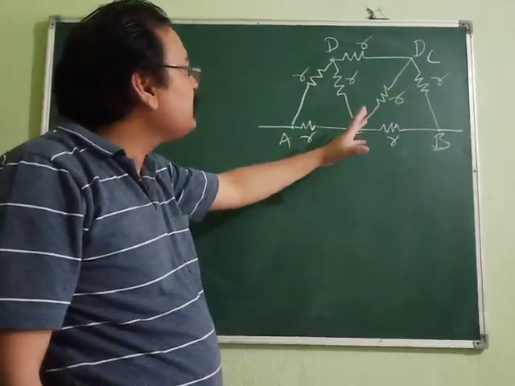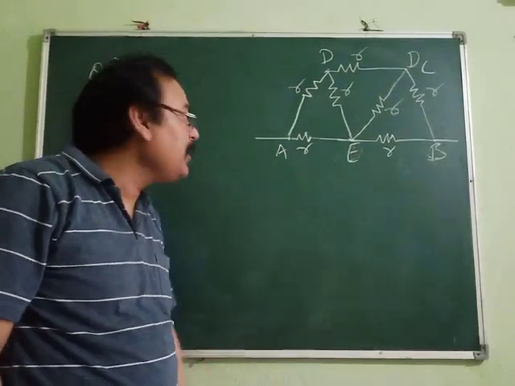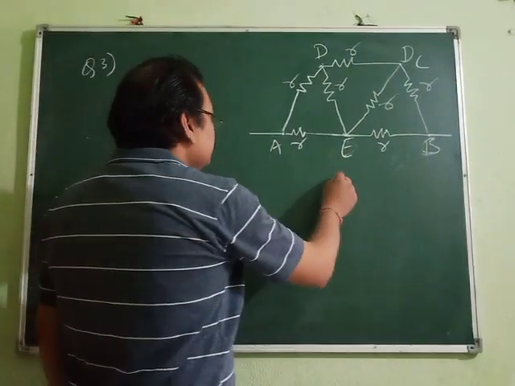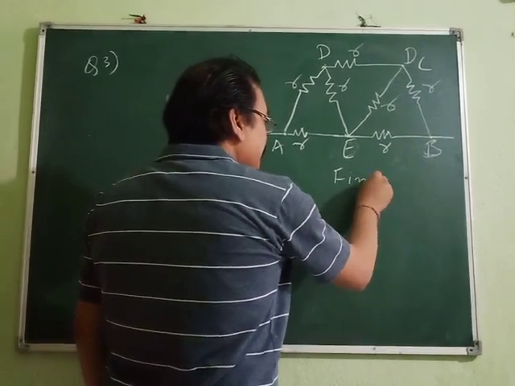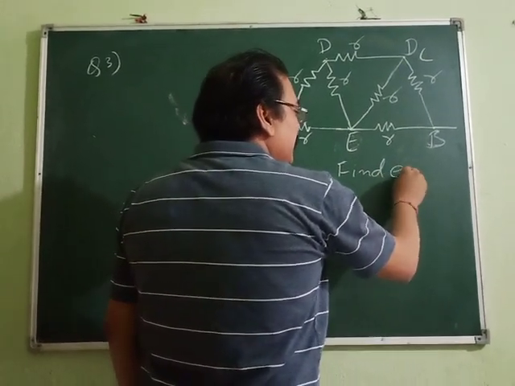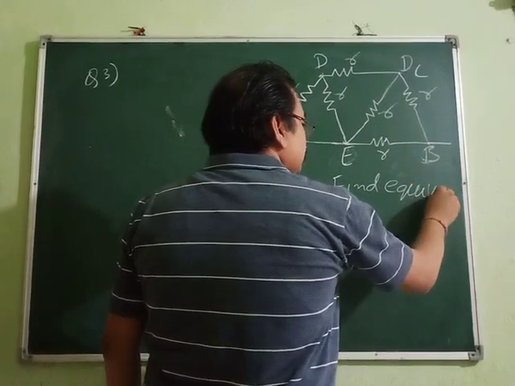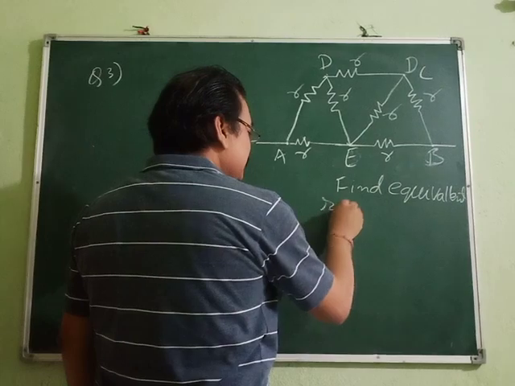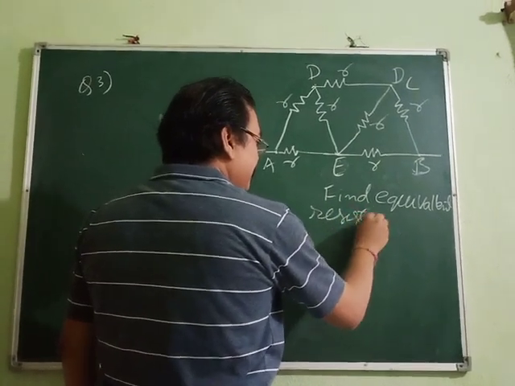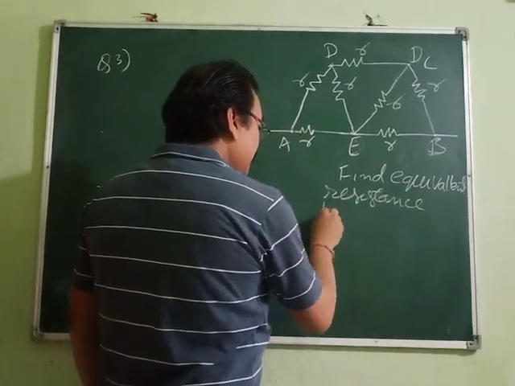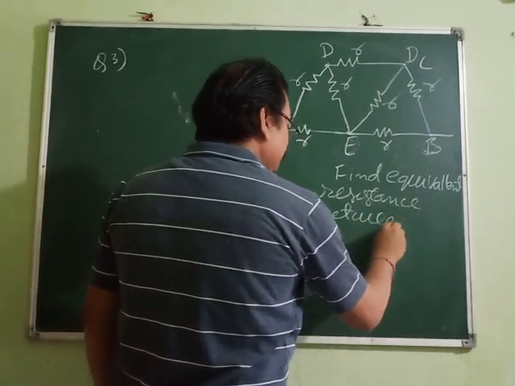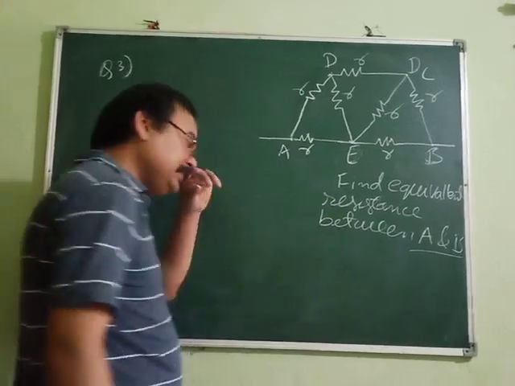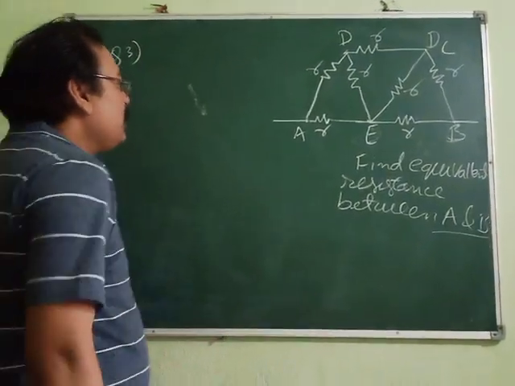All the resistances have value small r, and we need to find the resistance between points A and B. The question is: find the equivalent resistance between A and B.